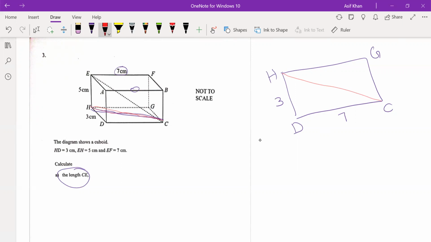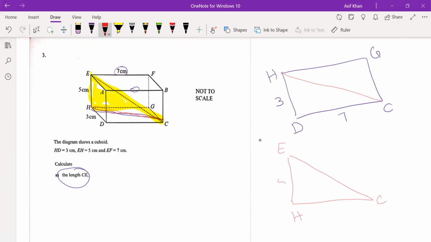And then we will consider this triangle HCE, which is the one with the dotted line in the middle. So I will draw the front view of that diagram here. This one is E, this one is C, this one is H, right?